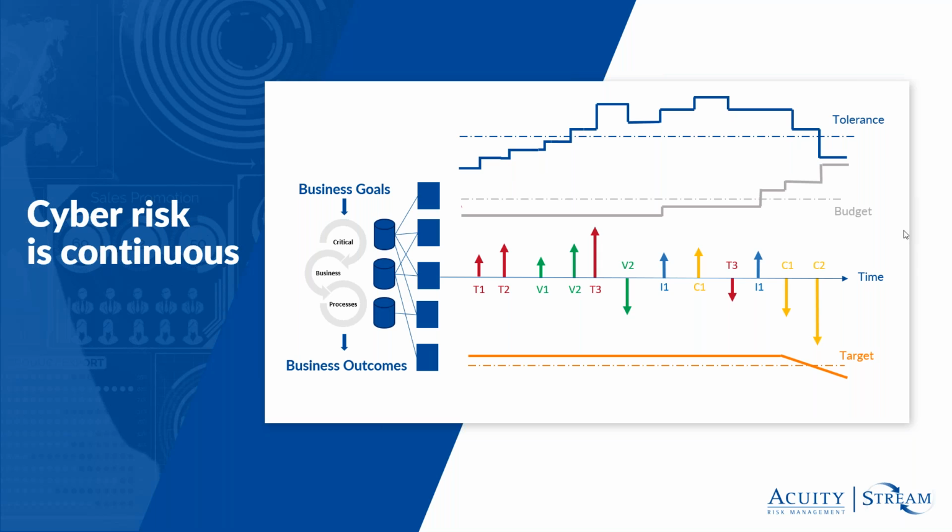And we also talked in the previous webinar that going above risk tolerance can be a good leading indicator to problems further down the line in terms of unbudgeted expenditure and ultimately deterioration in business outcomes as a result of incidents and breaches that may occur. So in order to be able to have this sort of visibility of our risk status and to make risk-based decisions, then we need to be able to measure risk.